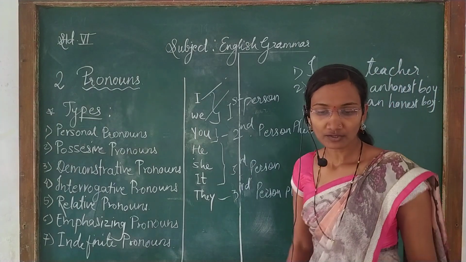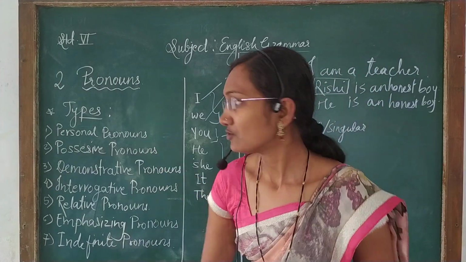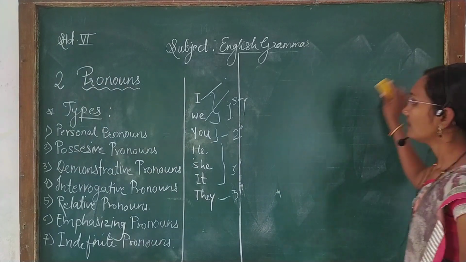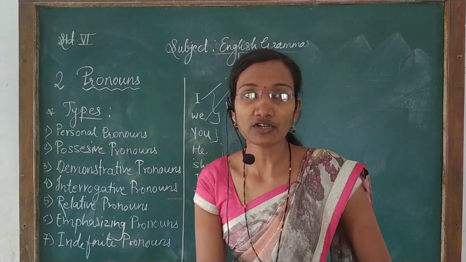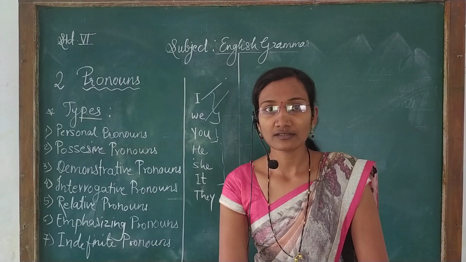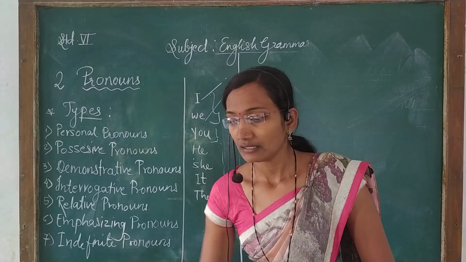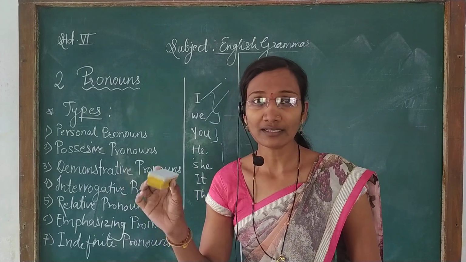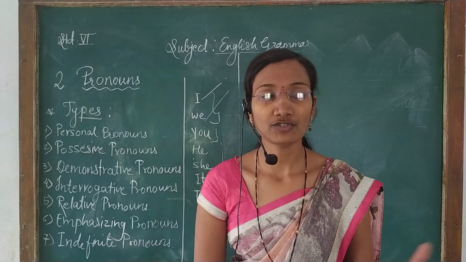So like this you have to use pronouns. Then the second one, possessive pronouns. Possessive pronouns are used to show possession of objects or subjects. Subjects means human beings or living things, and objects means non-living things. For example, scale: this is mine. For example, your bag is kept there on the bench: that is your bag.